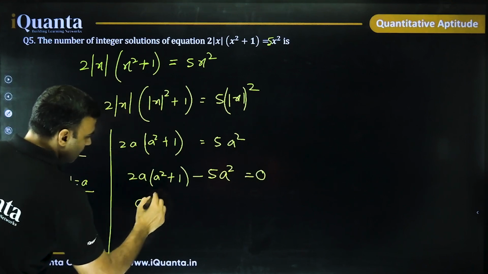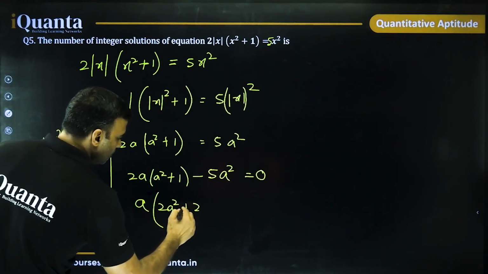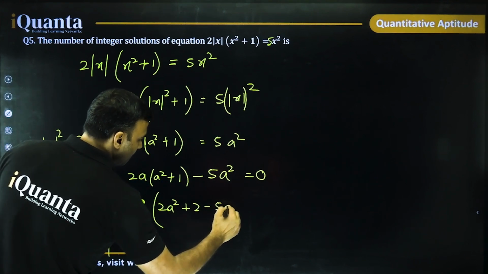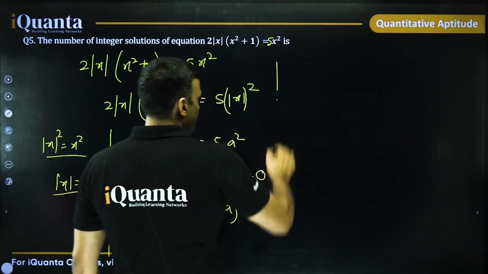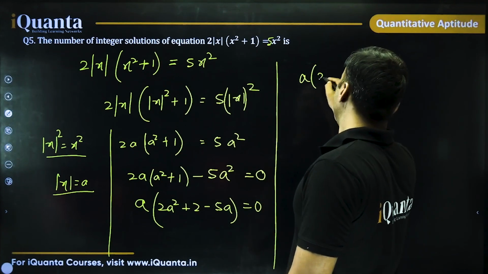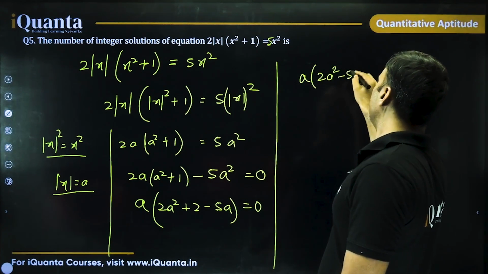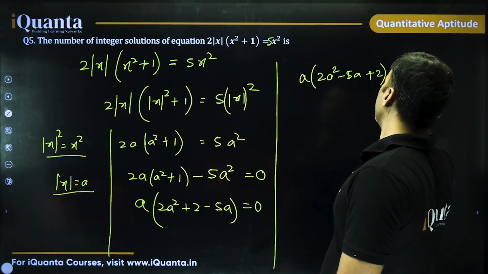Take a common, you will get 2a square plus 2 minus 5a, and that is equal to 0. Simplify carefully. I'll write it here again. We have a into 2a square minus 5a plus 2 is equal to 0.